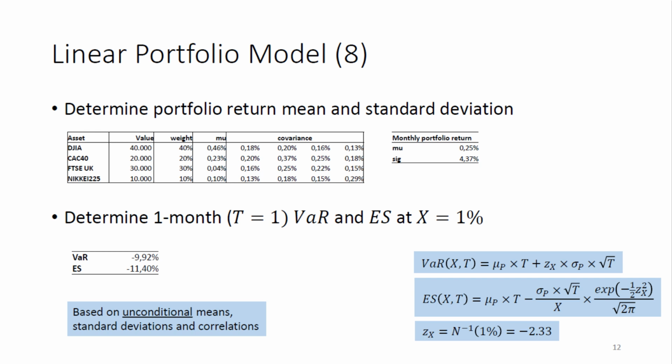And so what I want to do next is start building different models for the standard deviations and for the correlations, so different ways to assess them, and then also use them as an input in the linear portfolio model to see what the effect is on the value at risk and the expected shortfall.